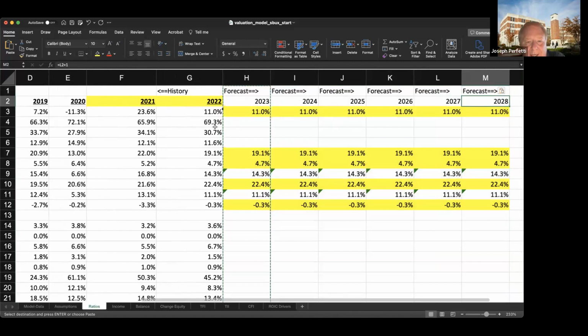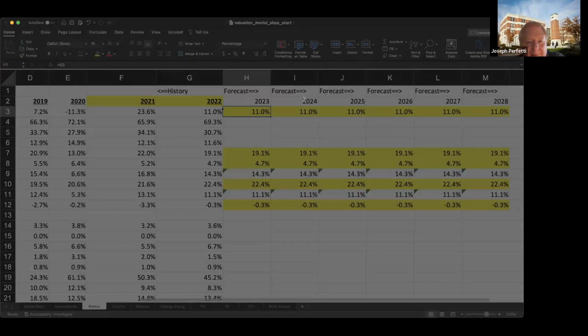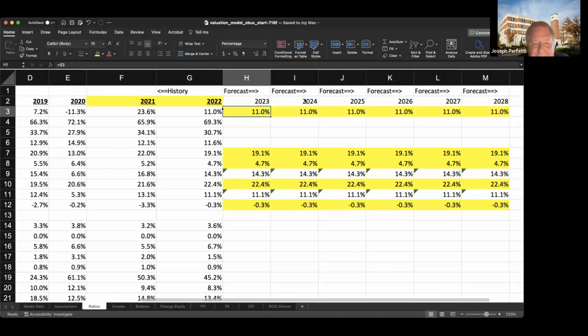So we're just repeating 2022 six times at this point, all equaling the previous year. So we now have ratios forecasted as placeholders through 2028. And I would suggest saving this file, because it would be a tragedy if you start building this and then you lose your work halfway through.